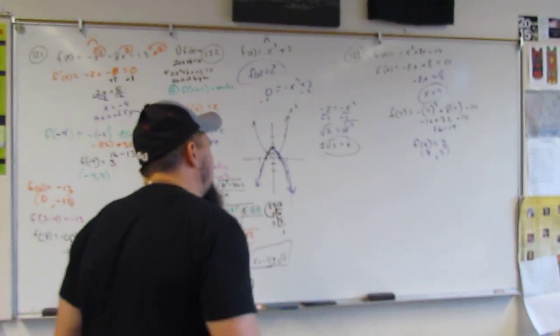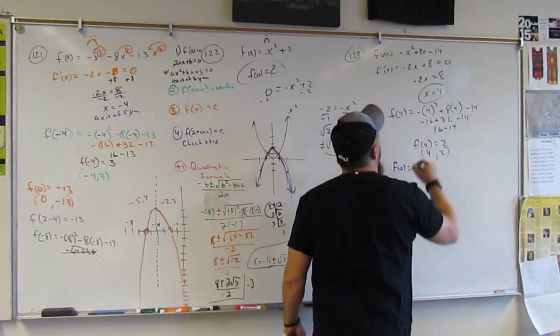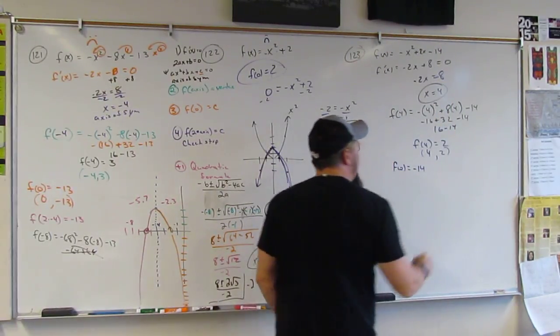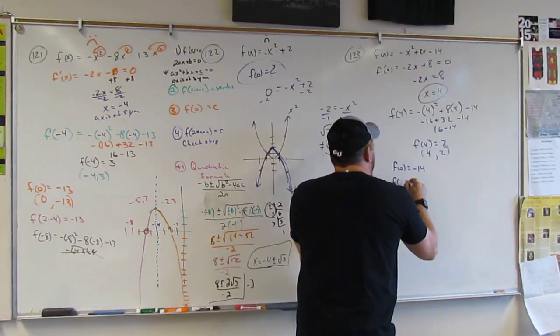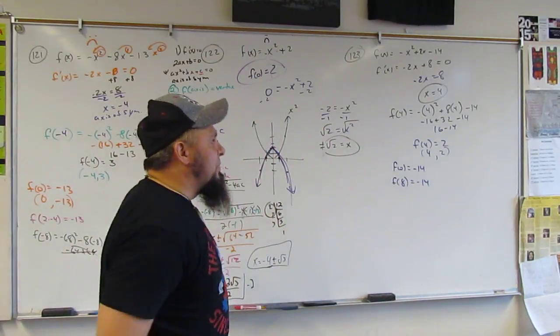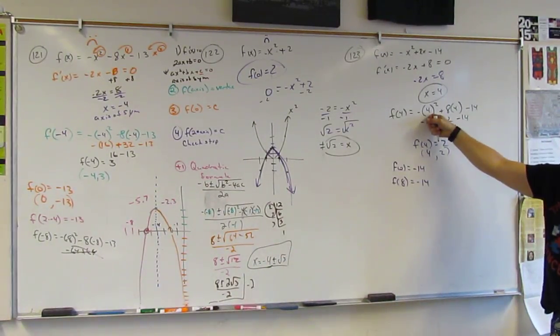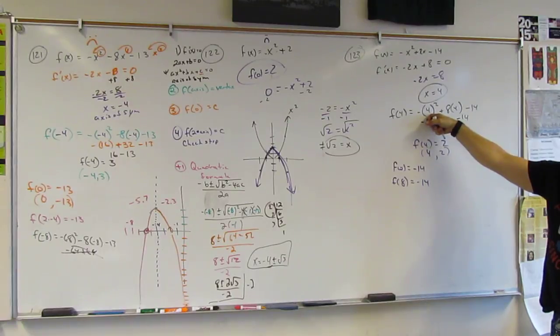And then we've got to graph it. Because we know f of 0 is going to be negative 14, and f of 8 is also going to be negative 14. We'll double check it really quick because we're running out of time. What's 8 squared? 64.